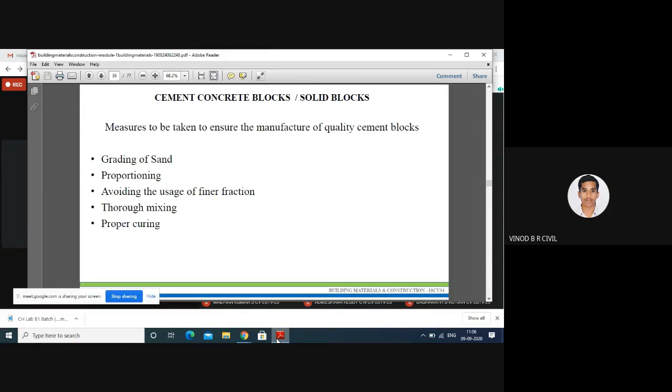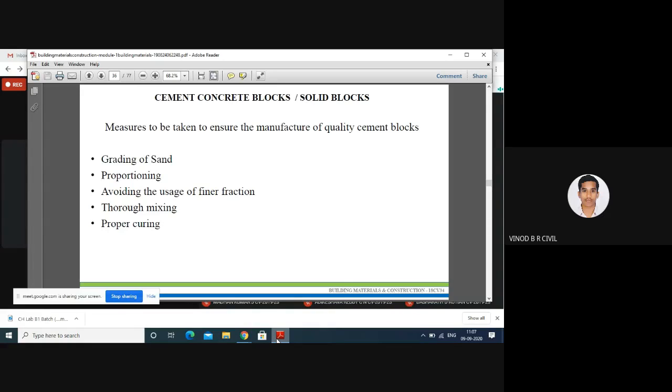The proportion we use for a column is different, for a beam is different, for a slab is different, for a lintel is different. Sometimes for the column and beam, where the loads acting on the civil engineering structure are more, usually they go for the higher proportion. For example, 1 is to 2 is to 4, 1 is to 4 is to 8, 1 is to 3 is to 6, 1 is to 1.5 is to 3, like that, especially for concrete.